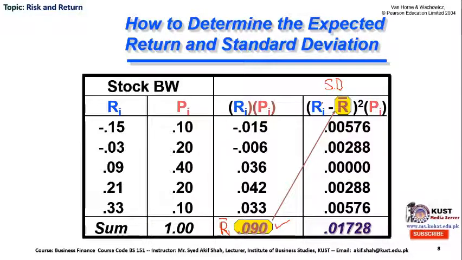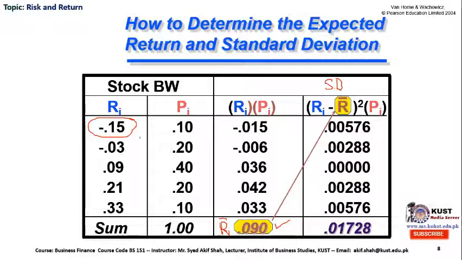So the formula asks you to find Ri minus R bar. The first possible value of Ri is minus 0.15, which can also be expressed as minus 15% return, and it needs to be subtracted from the expected return. The expected return of this stock is 0.09.